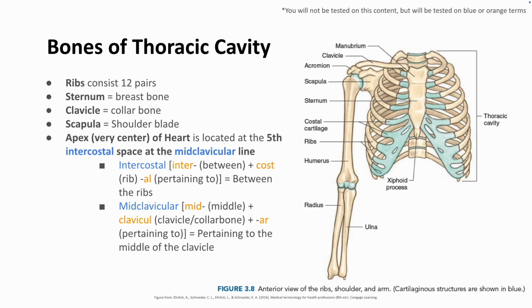So the ribs contain 12 pairs of ribs, and the sternum is this giant sword-looking bone up there. And the clavicle is your shoulder bone, or more like the one that extends from your neck to your shoulder. You can feel it if you press on your body. That's the clavicle. The scapula is your shoulder blade at the back.